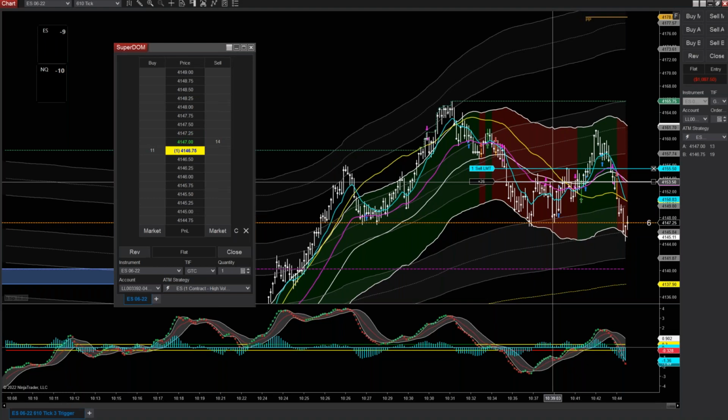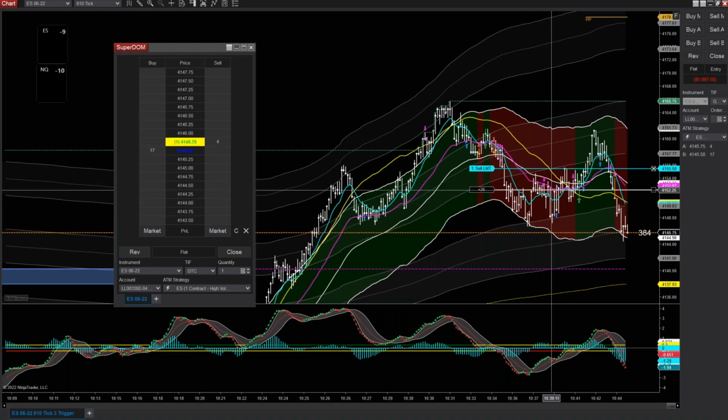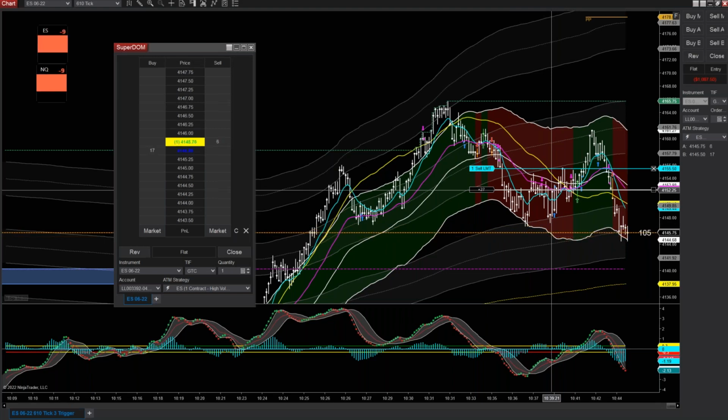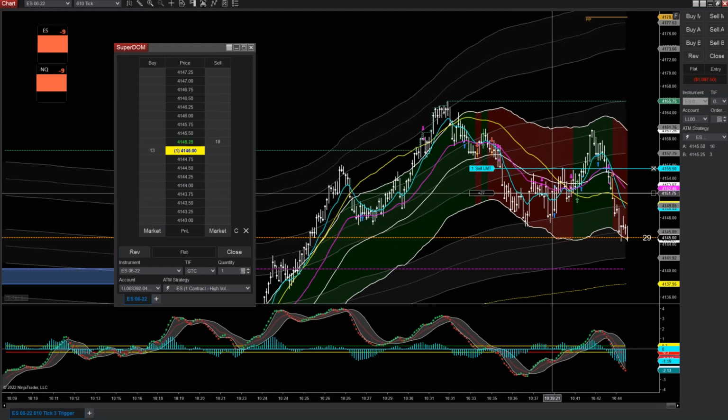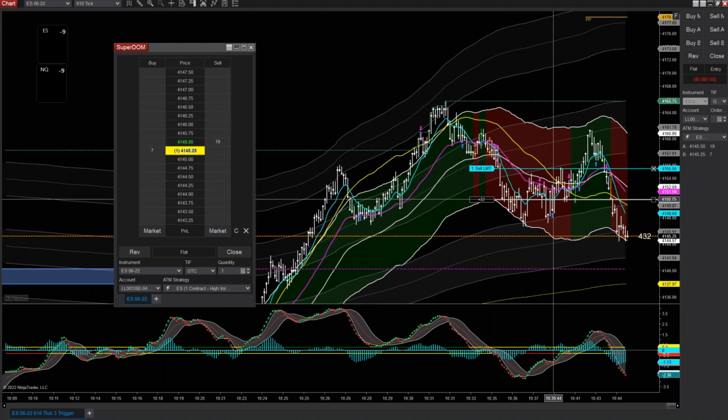Yeah, geez, that's so much volatility going on right now. Really can't. I'm going to see if we can get a pullback here, maybe up to here, but definitely very volatile.